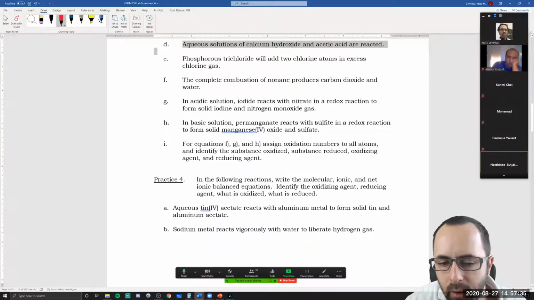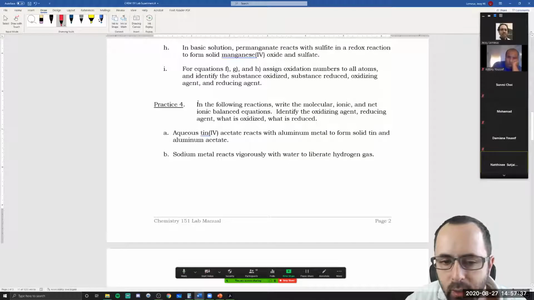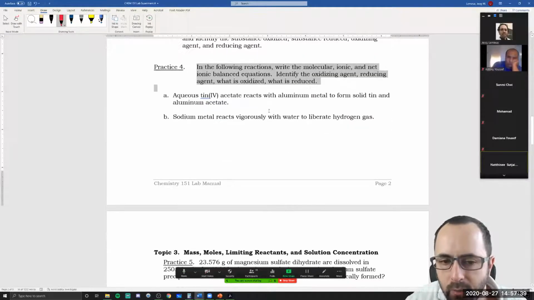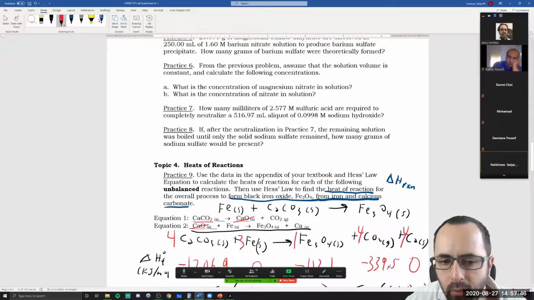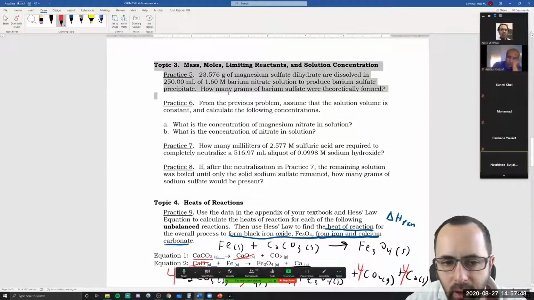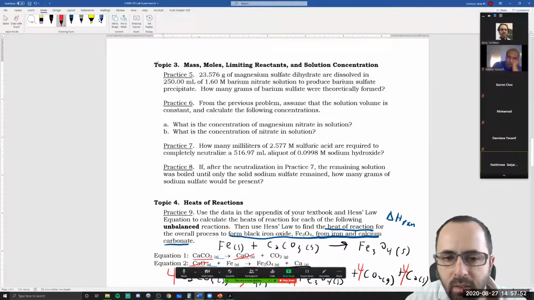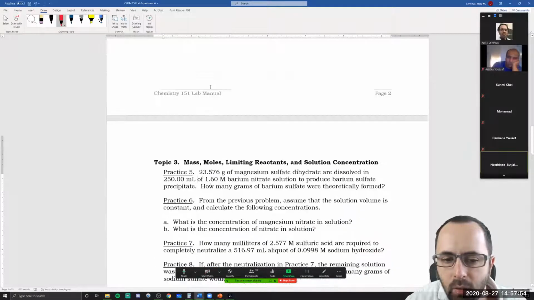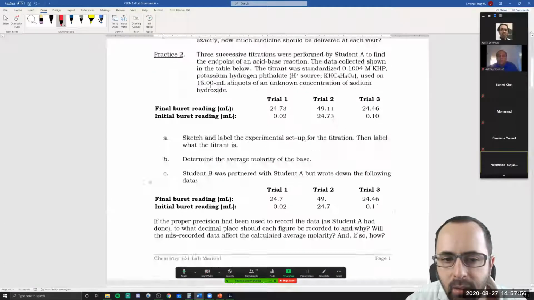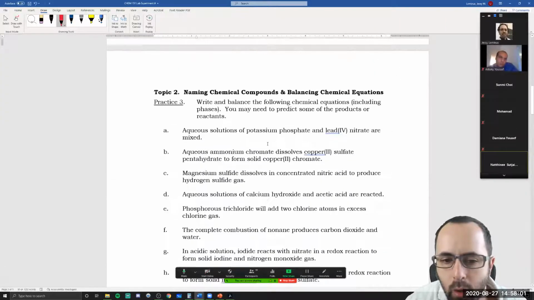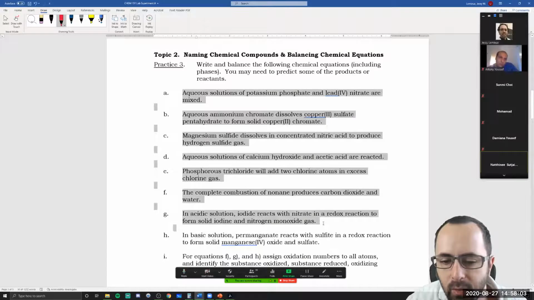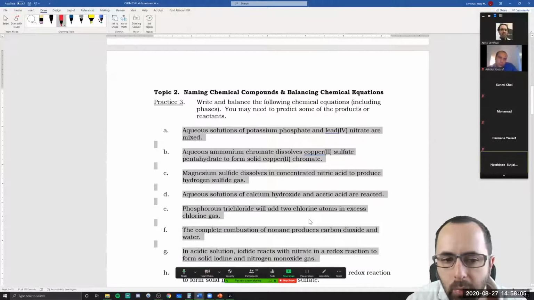What I didn't go into as much detail on was oxidation and reduction, okay? I haven't done it yet, but if you're struggling, I'll give you some references to the textbook where you can look over things. I covered what's in practice 2 and what's in topic 2 more.